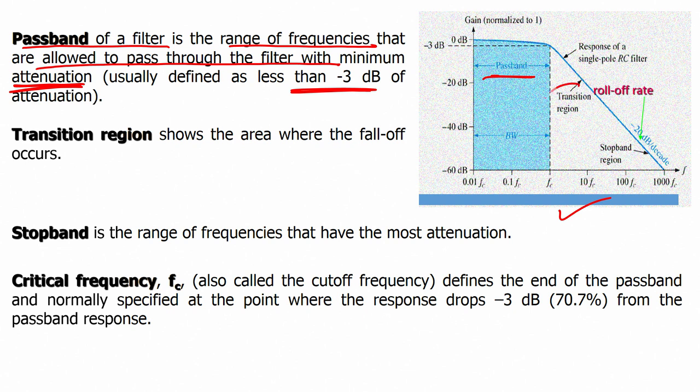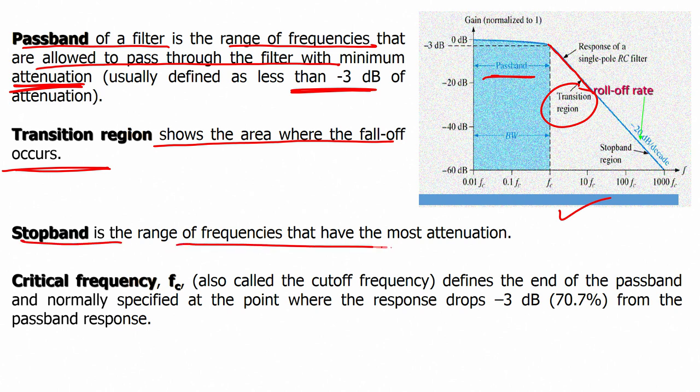Transition region. What is the transition region? The transition region shows the area where the fall off occurs. You see, from here the fall off is occurring, so it is the transition region. Stop band is the range of frequencies that have the most attenuation. You see here the maximum attenuation occurs here, it is the stop band.